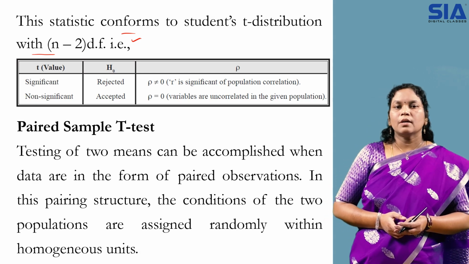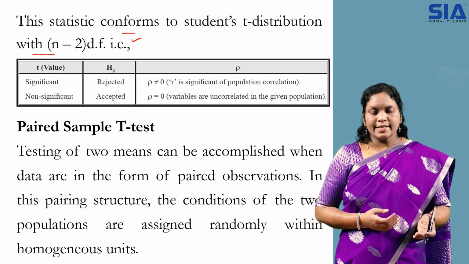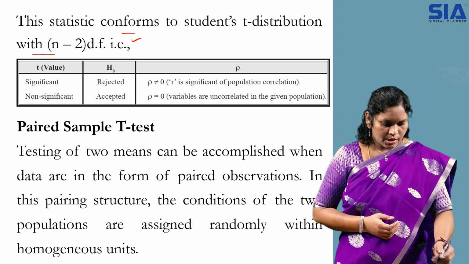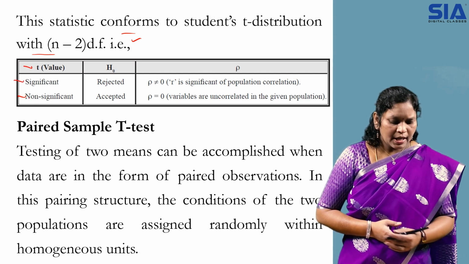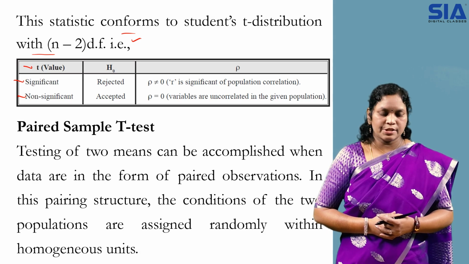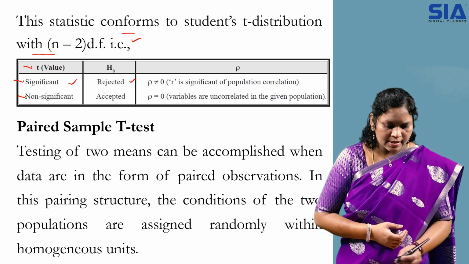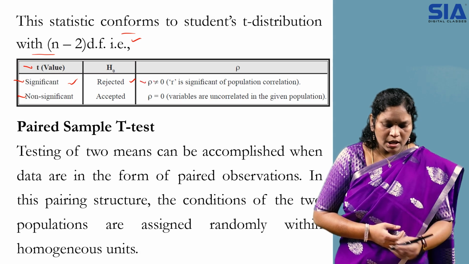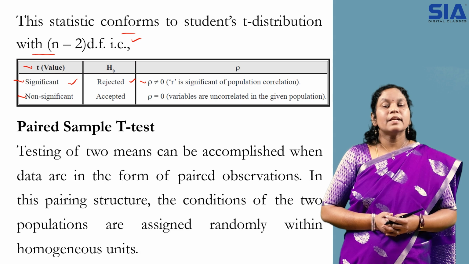Now let us have a glance at how the conclusions and table values go on. If the t value is significant or non-significant, how is the null hypothesis accepted or rejected? If it is significant, we reject the null hypothesis, so rho is not equal to 0, because rho is equal to 0 was considered under the null hypothesis.